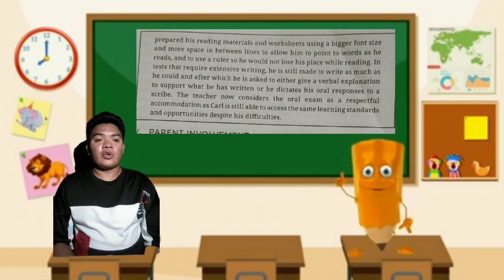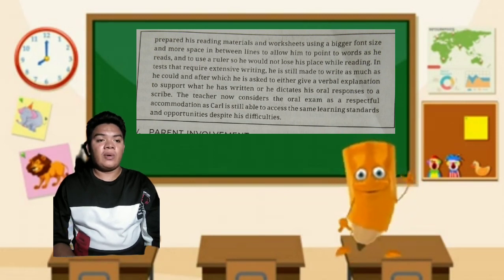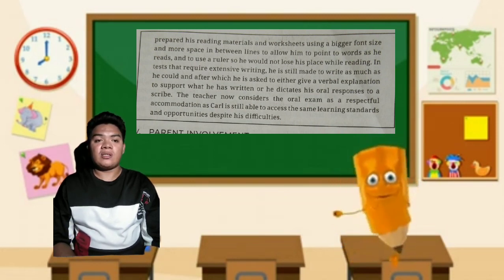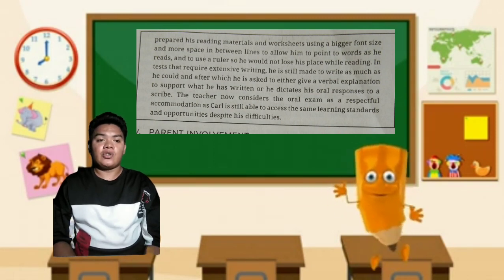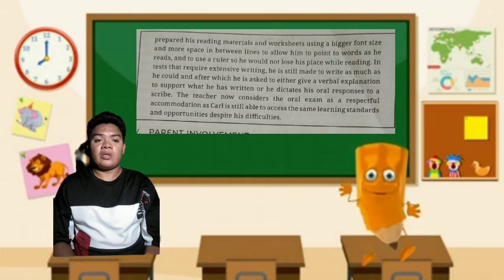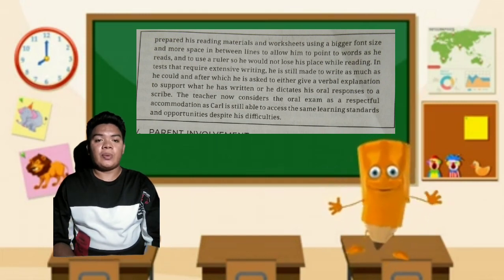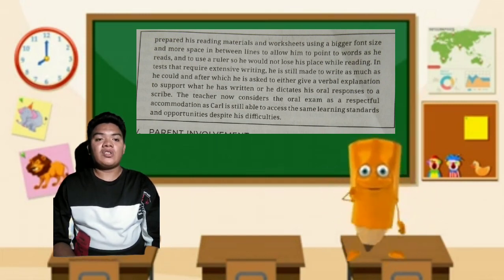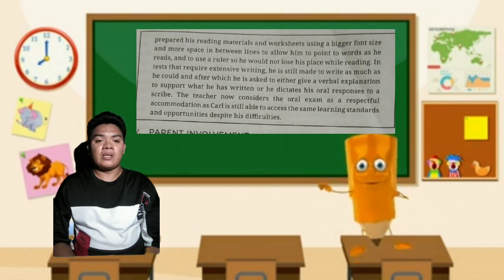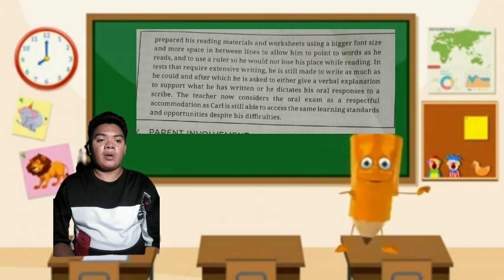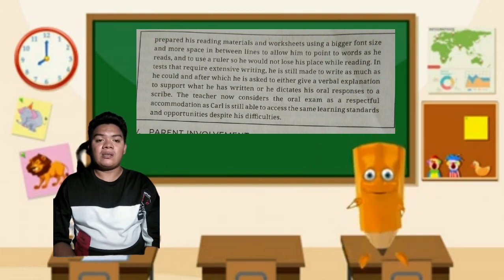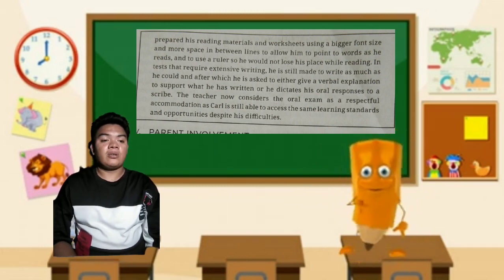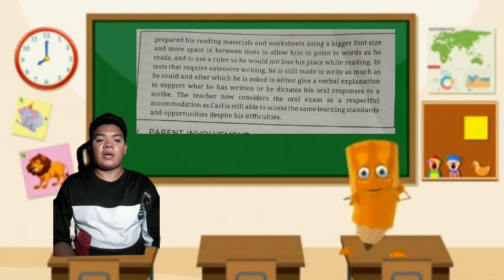In tests that require extensive writing, he is still made to write as much as he can, after which he is asked to either give a verbal explanation to support what he has written, or dictate his oral responses to a scribe. The teacher considered the oral exam as a respectful accommodation, as Carl is still able to access the same learning standards and opportunities despite his difficulties.